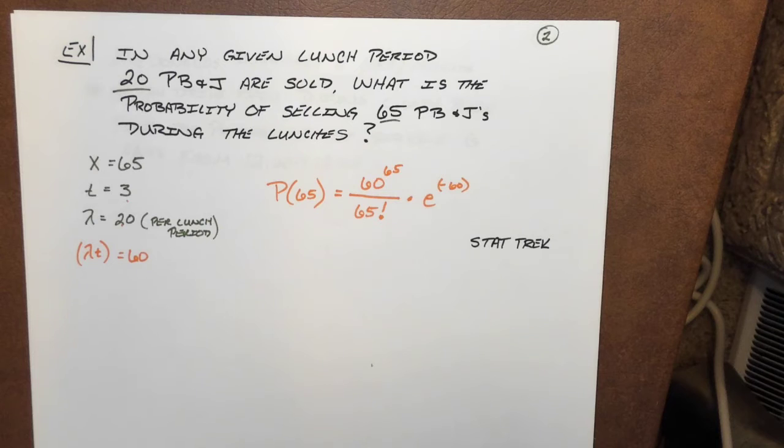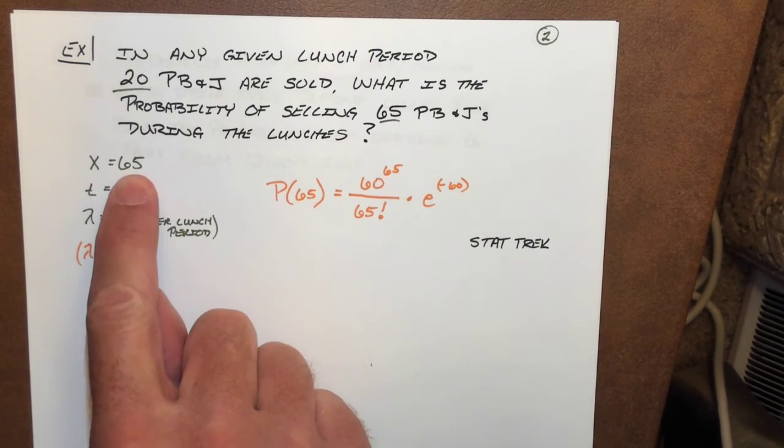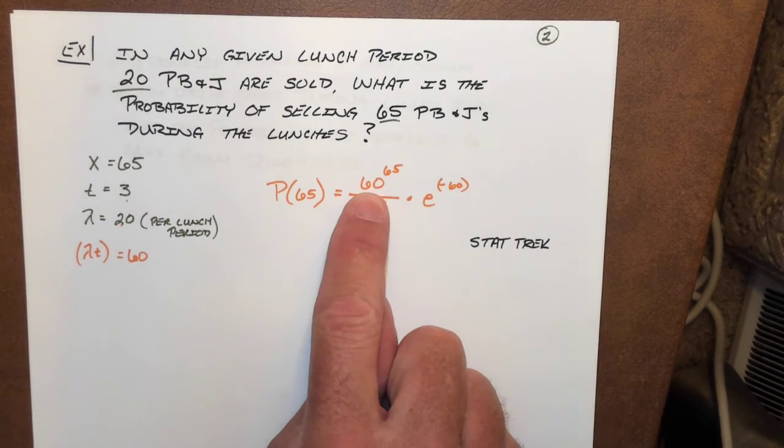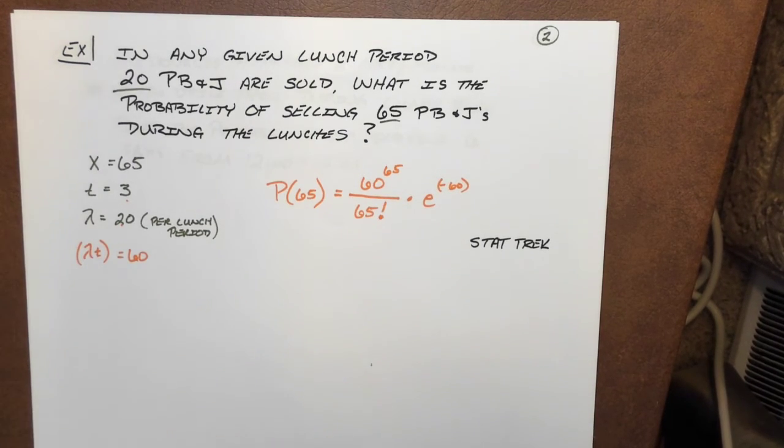Once you get to stattrek.com, go all the way down to where it says Poisson. Click on it. In the random variable x, that's where you'll plug in 65. For the average rate of success, that is lambda t, 60, you plug in 60. And then you get all the possibilities.